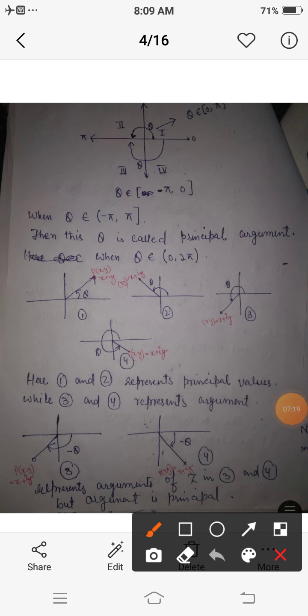So in the four quadrants, in the first quadrant, the value of theta is between 0 and pi by 2, so it is positive, and it is also the principal argument here.